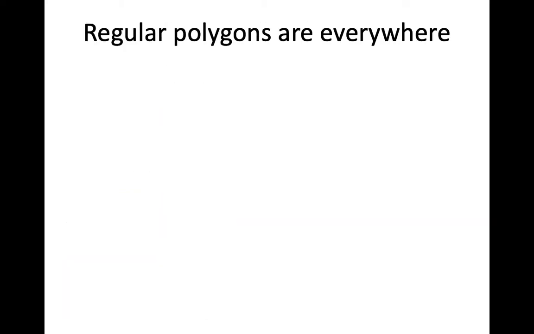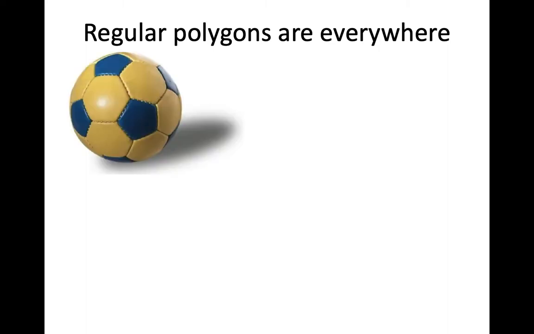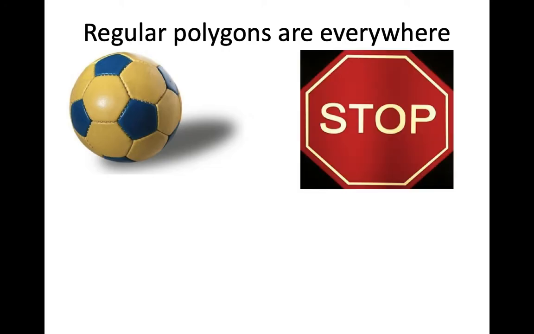Okay. And regular polygons are everywhere around us. If you've ever looked at a soccer ball, those blue panels are all regular polygons. Those are all pentagons, and the white panels are also pentagons, just a little bit larger. They sew together to make a soccer ball. A stop sign is an 8-sided regular polygon called an octagon.